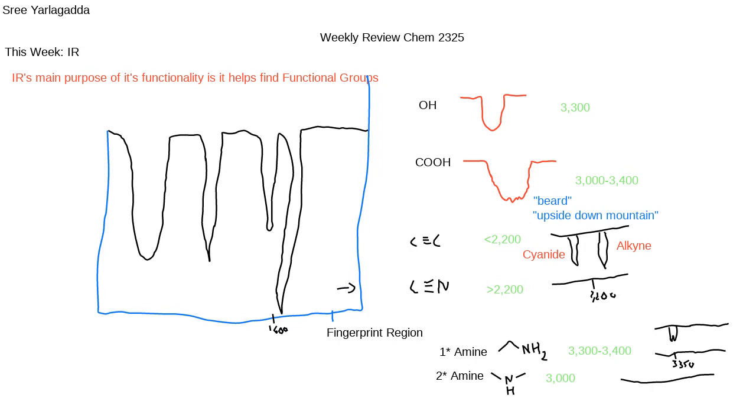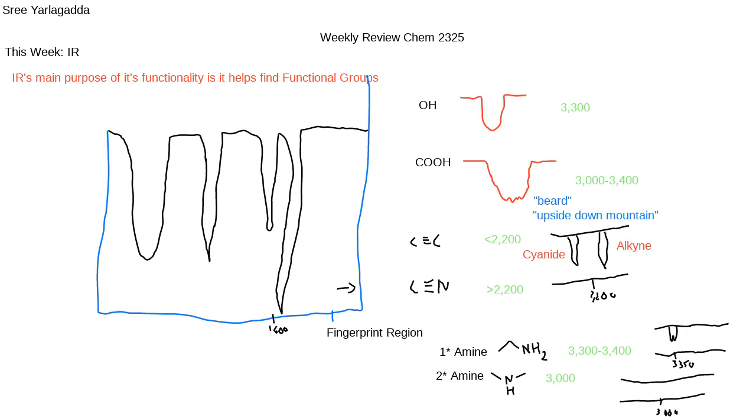Whereas for secondary amine, let's say 3000 right here. And hold on, let me zoom in. Okay. So for this, it's at 3000.